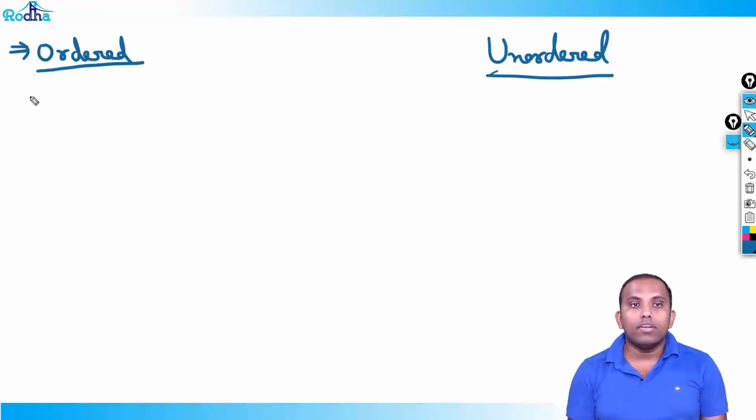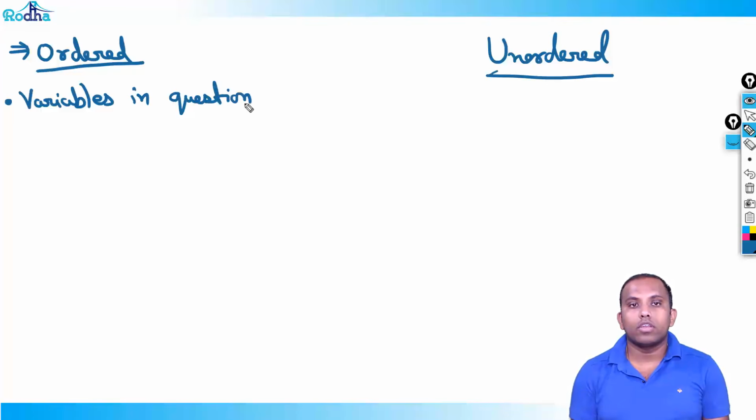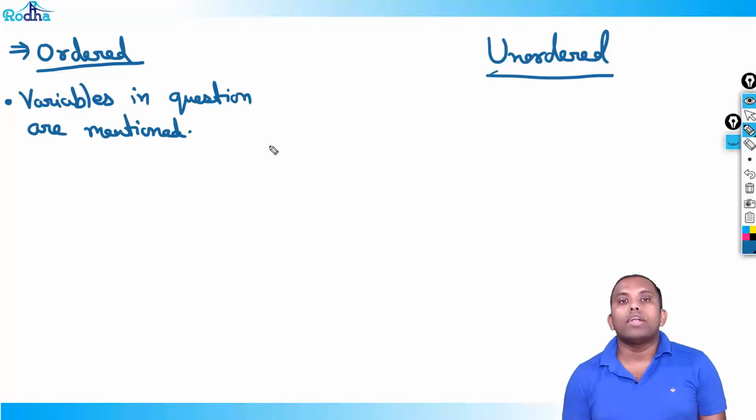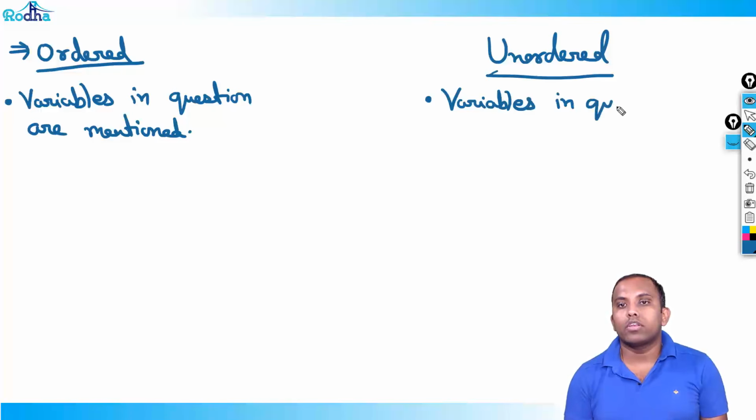Ordered solutions we find when variables in the question are mentioned. Unordered solutions we find when variables in the question are not mentioned.